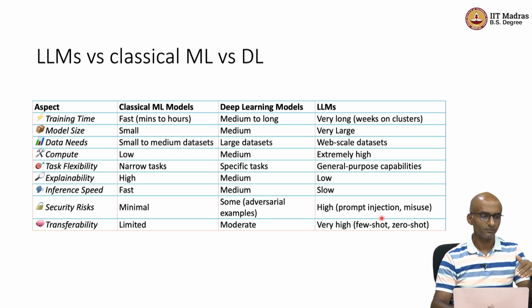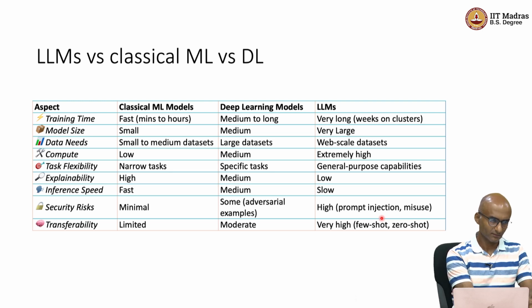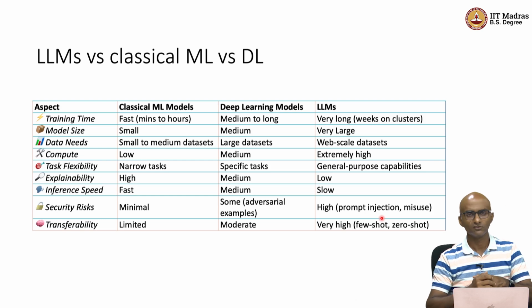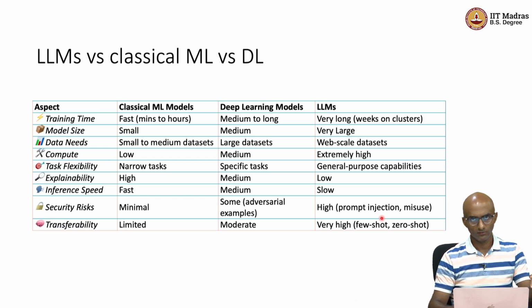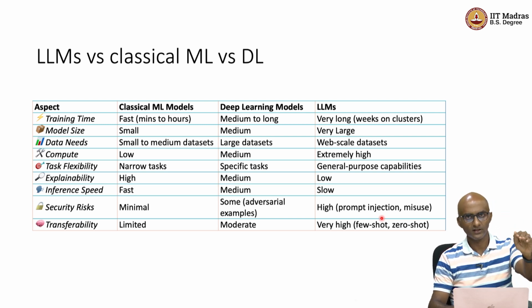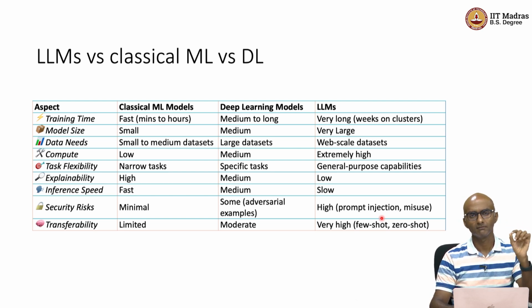Zero shot means that the LLM that is useful in predicting the next token in a Shakespeare-like story is also useful with minimal to no guidance for generating the next token in Python code, right? Shakespeare story generation, Python code generation, both happening from the same LLM with minimal guidance. In fact, zero guidance is zero shot.